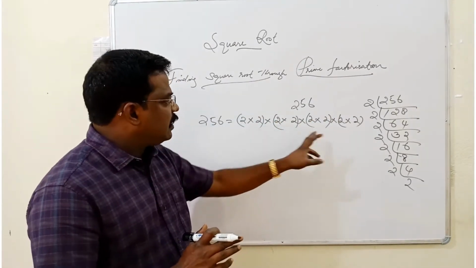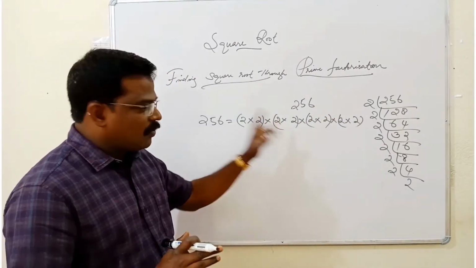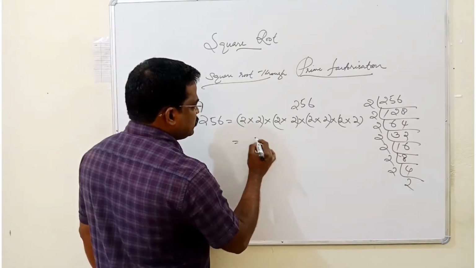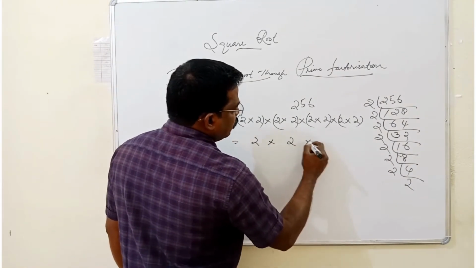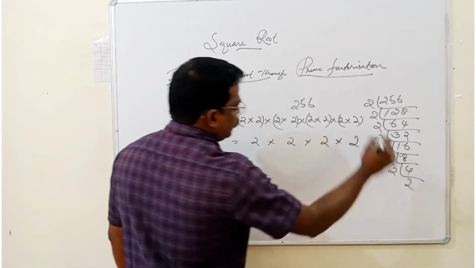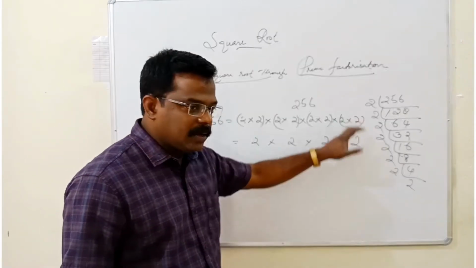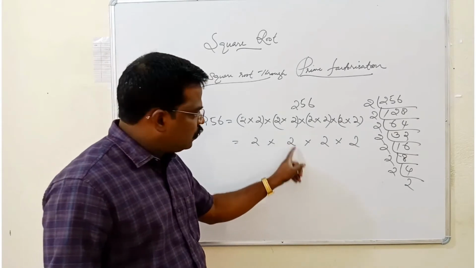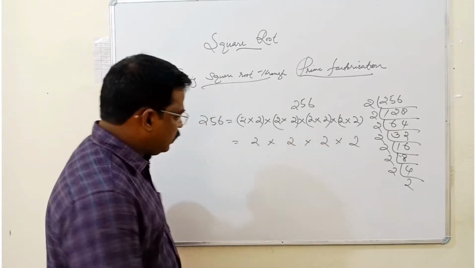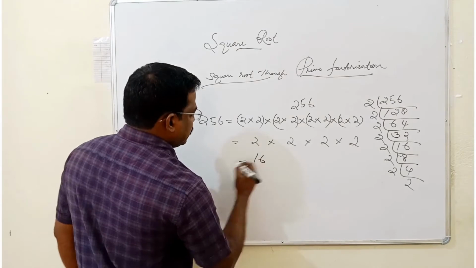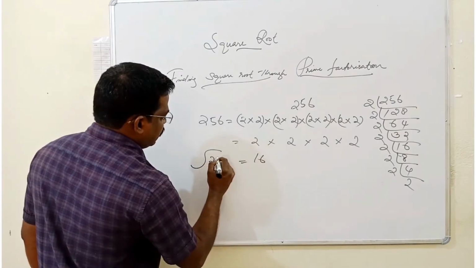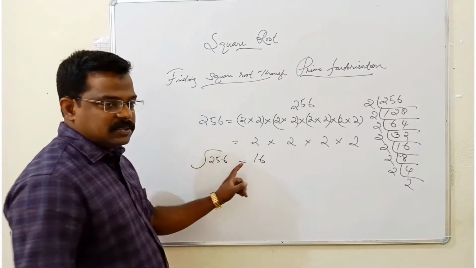Okay. Next we take one from each pair. That is 2 into 2 into 2 into 2. From each pair, 1 each we have taken. 2 into 2, 4, 4 2s are 8, 8 2s are 16. So, the square root of 256 equals 16.